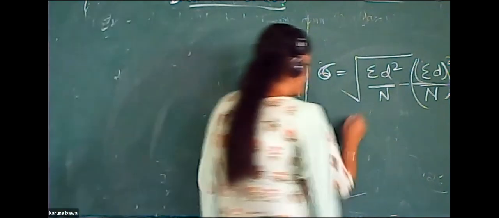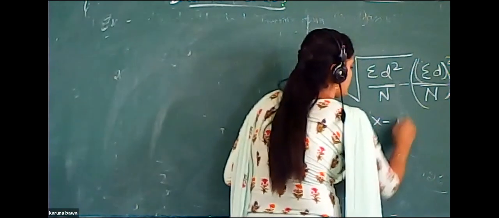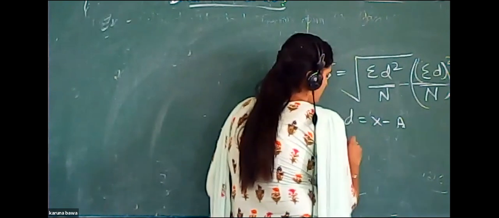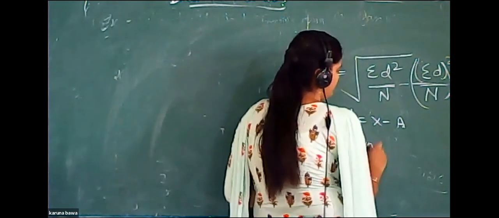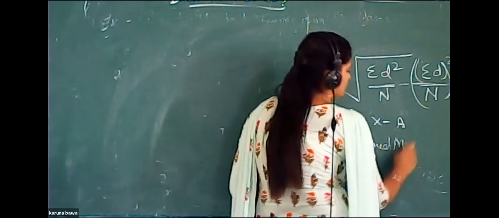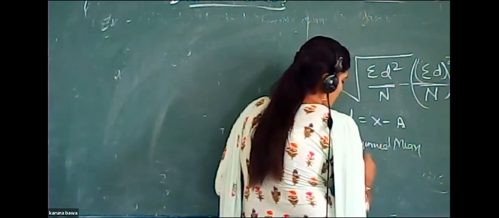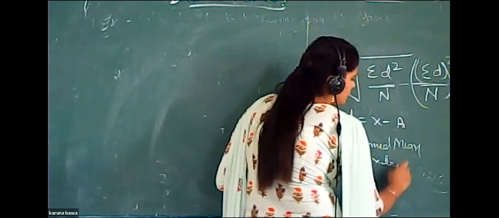Find out the deviation with the help of x minus A. A means assumed mean. X is the x series, x vector.